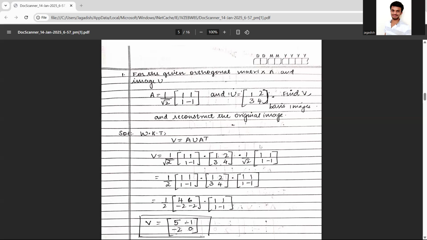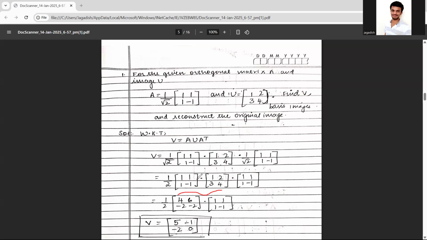You can directly do the matrix multiplication using the calculator: mat A, mat B, mat C. I taught yesterday how to do that, or else you can directly multiply these two. Multiply the first row and the first column, like 1 into 1 plus 1 into 3 will be 4. Like that you do matrix multiplication.